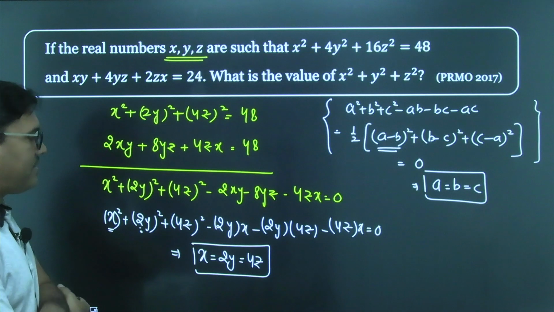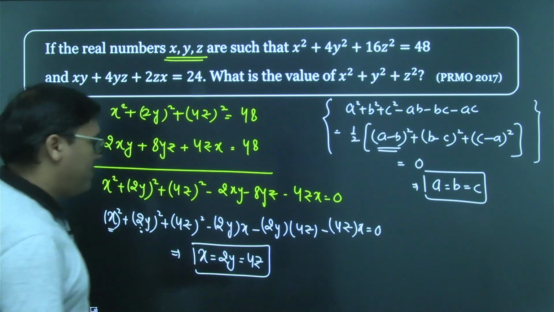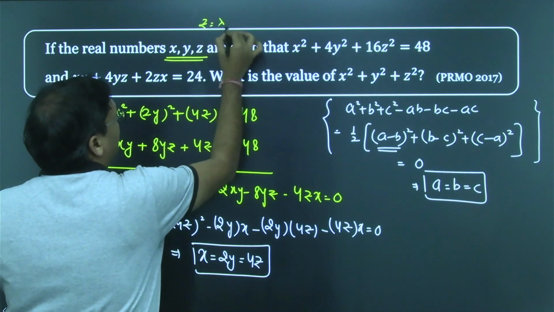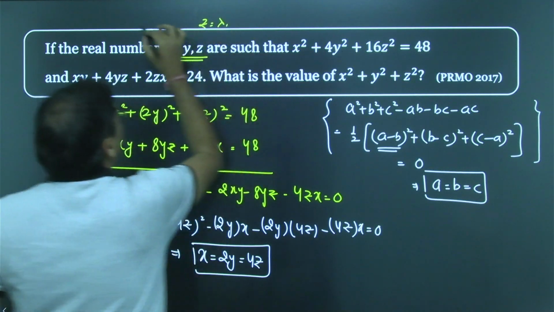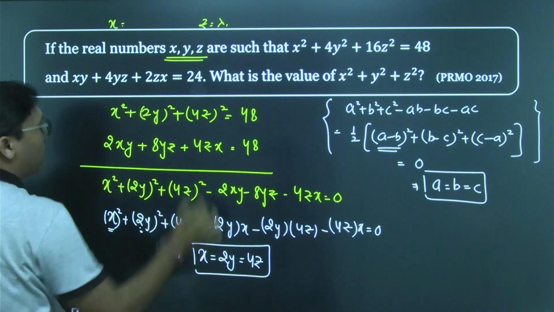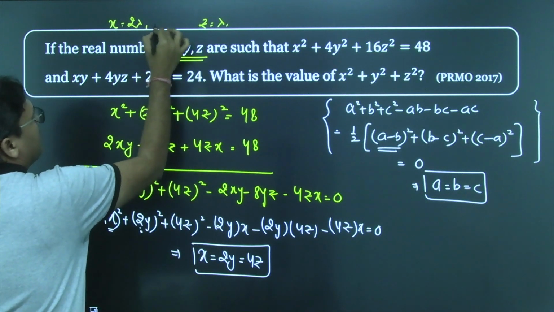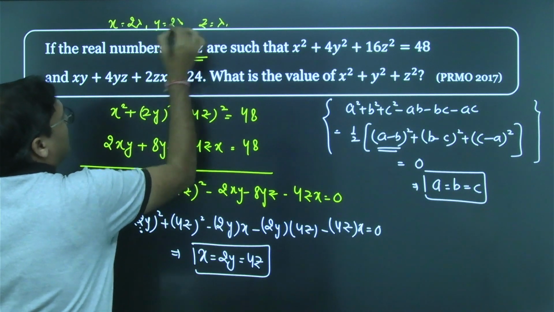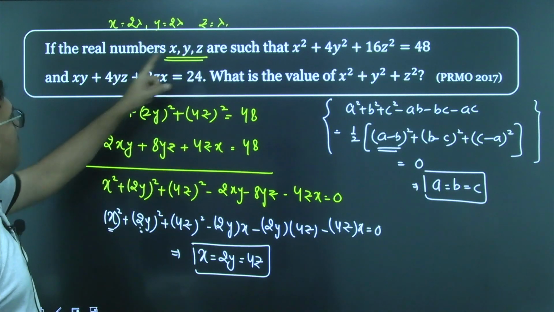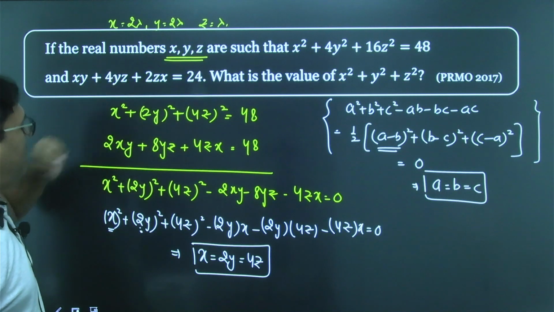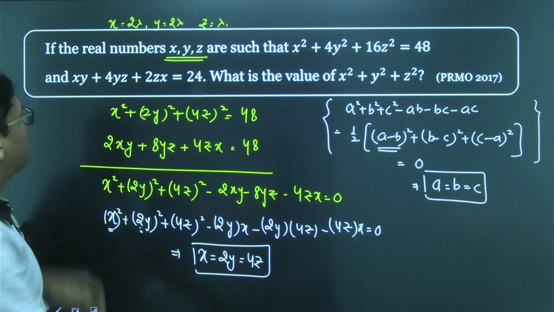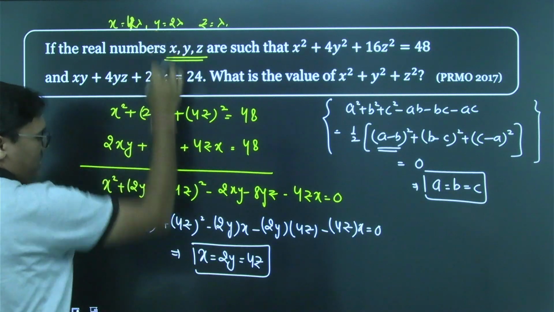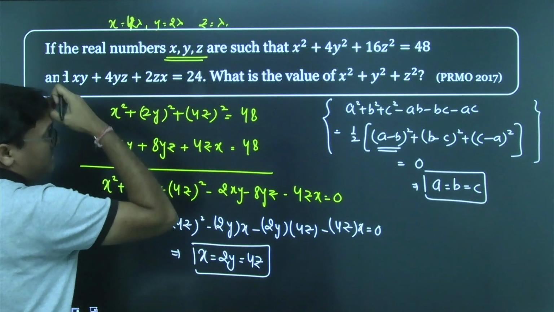If I put z equal to lambda, then x is equal to 4 lambda, y is equal to 2 lambda, and z is equal to lambda.